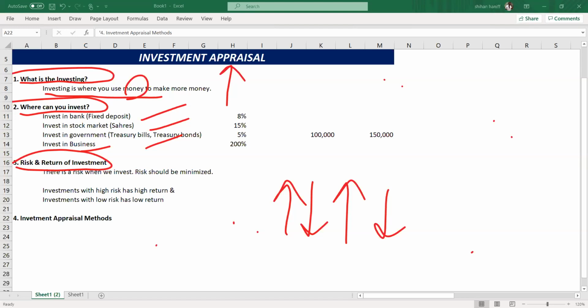We can use different methods to see the investment risk and return.